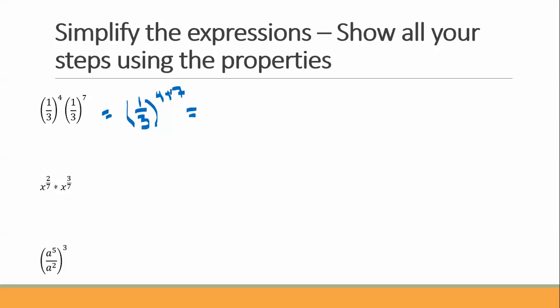I want that step shown in your workbook so that you understand what's going on when you keep working. A lot of times students mess up the properties because they're not writing their steps down. That becomes 1/3, which is our base, to the 4 plus 7, to the 11th.